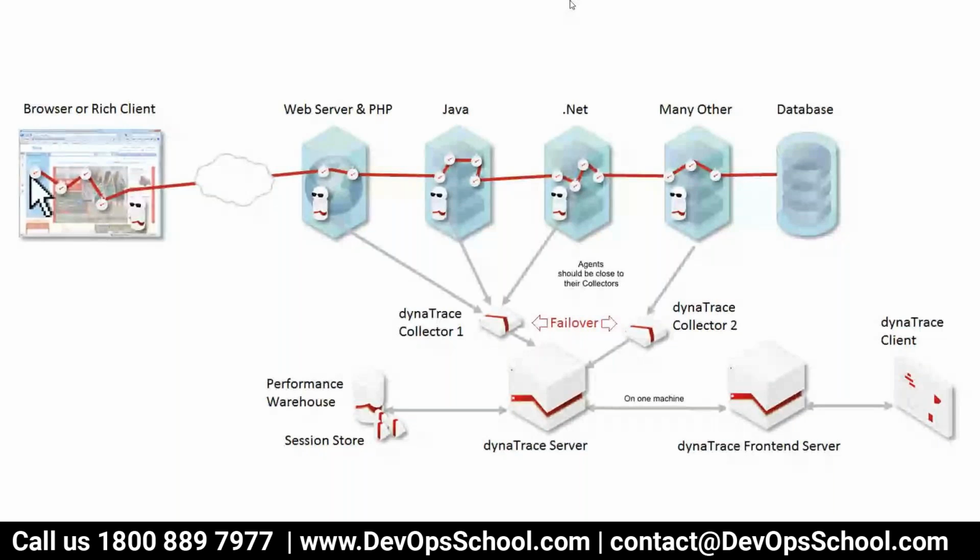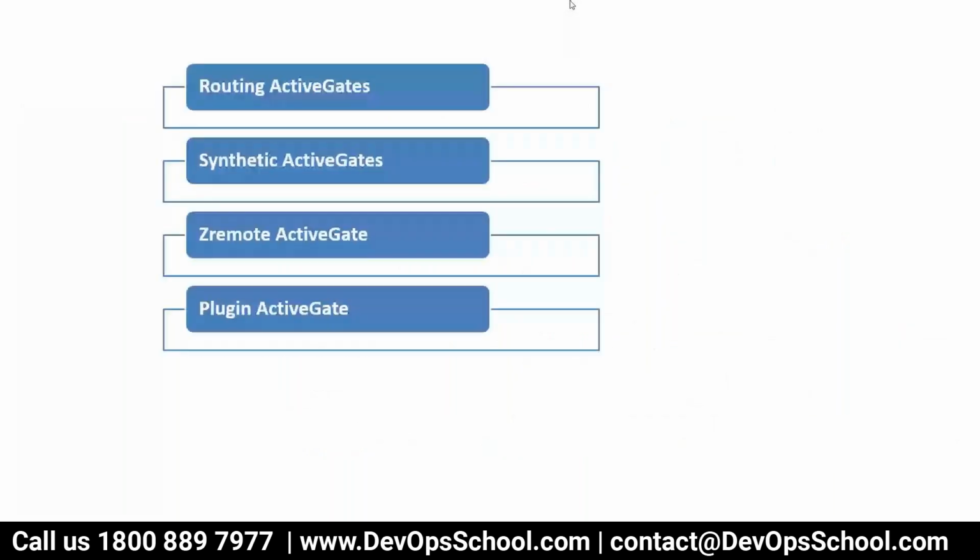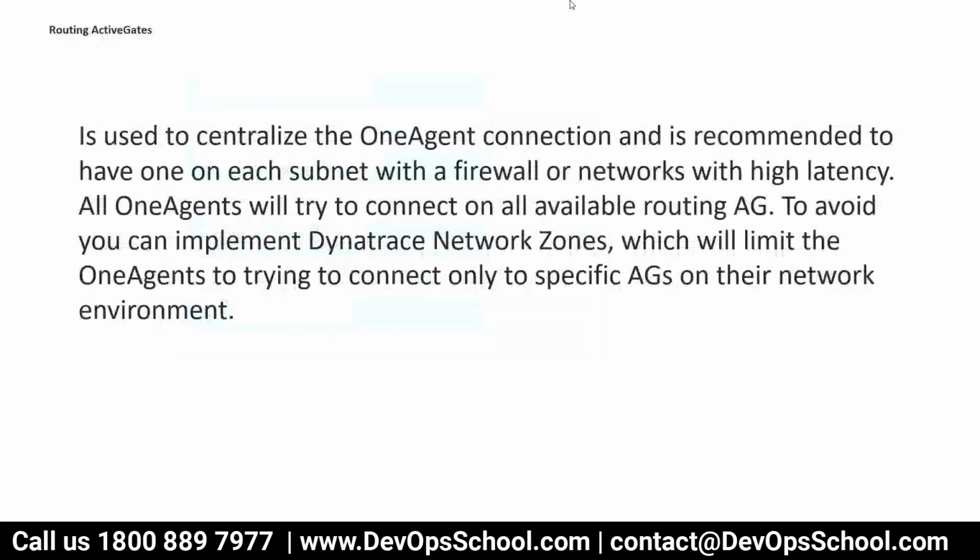ActiveGates, we discussed them. This is basically a proxy, but ActiveGates also come in different kinds. We have routing ActiveGates, synthetic ActiveGates, remote ActiveGates, and some plugins are also available. We don't need to go into the complexity right now, but ActiveGate is basically a proxy server you can use where outgoing connections are barred.